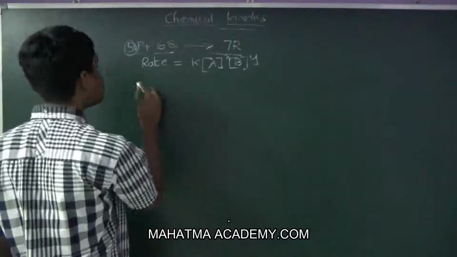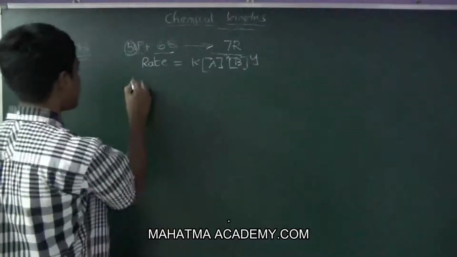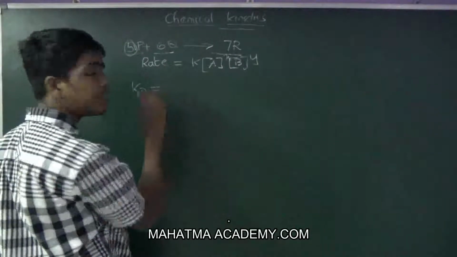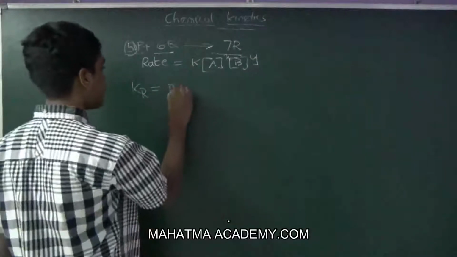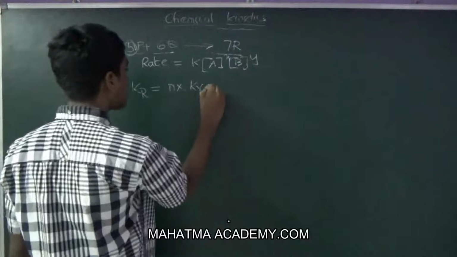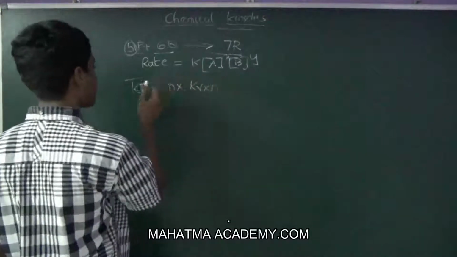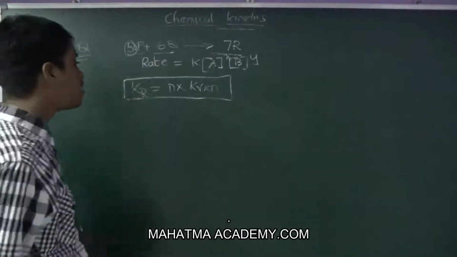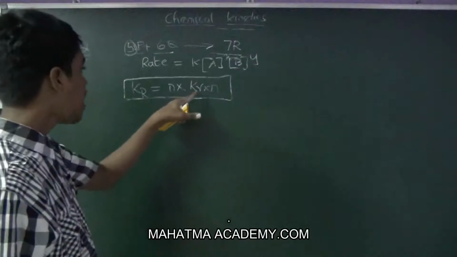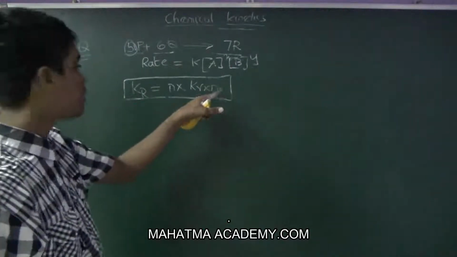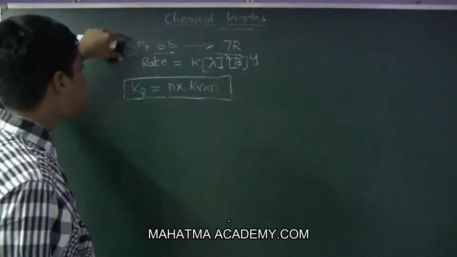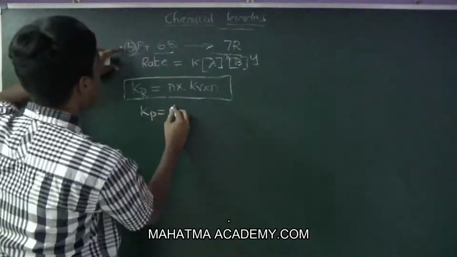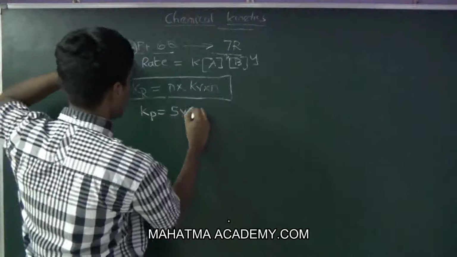Now let's talk about the general case. K of reactant is equal to, suppose, the stoichiometric coefficient N into K of reaction. Now for 5P, K of P is equal to the stoichiometric coefficient 5 into K of reaction.